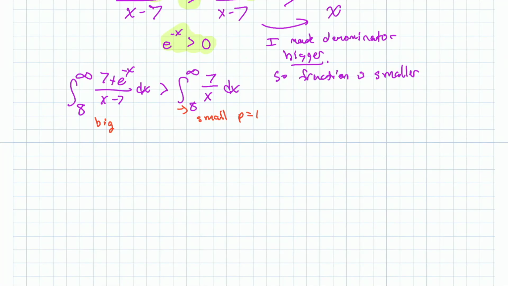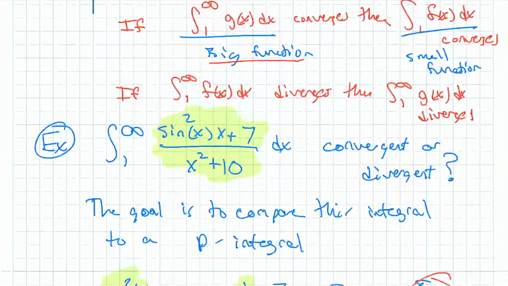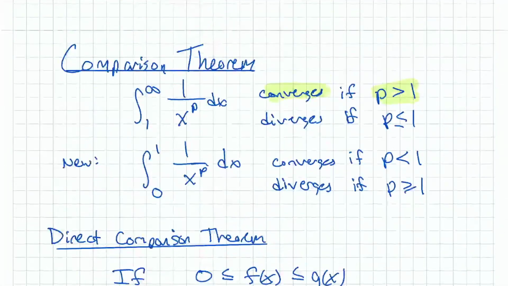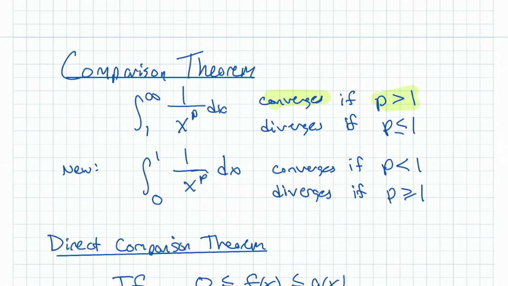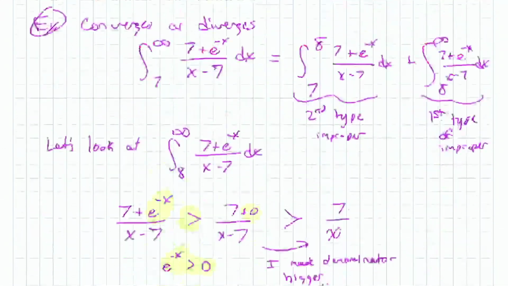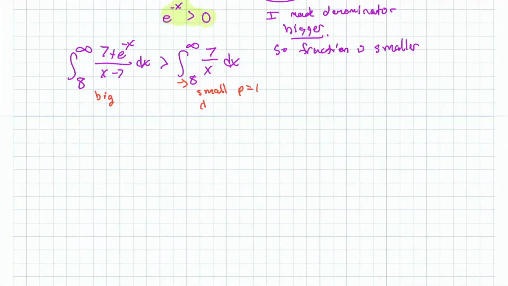That's p equals 1. So if p equals 1, what does this say? If p equals 1, we're in this case, right? So the integral diverges. So the small one diverges.